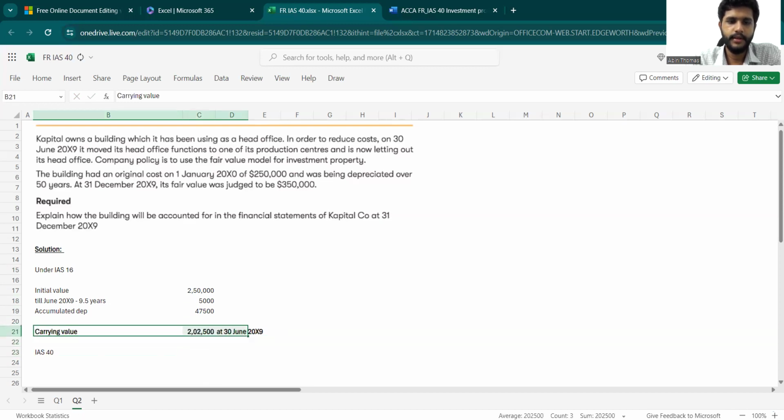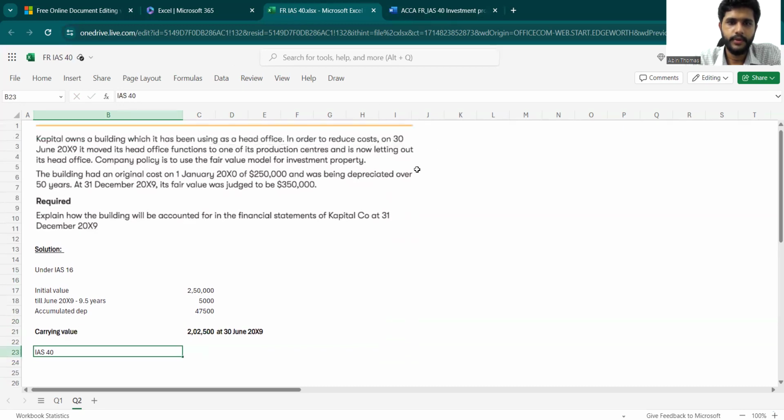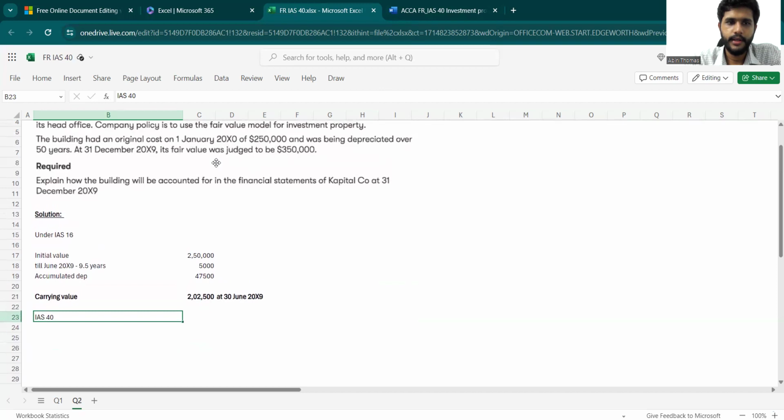That is how we determine the carrying value under IAS 16. And then what happened? After June, we value it under IAS 40 because they rent it out to generate rental income. See, the letting out, it's no longer head office. At the end, it will be 350,000.